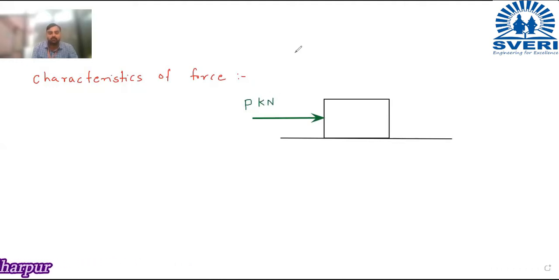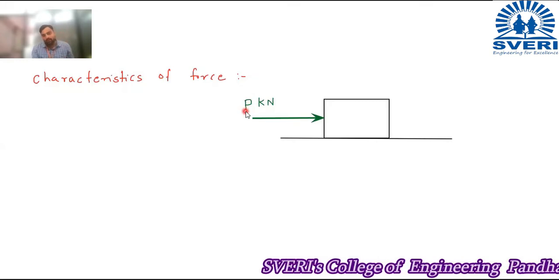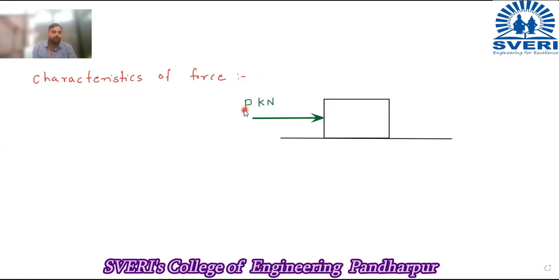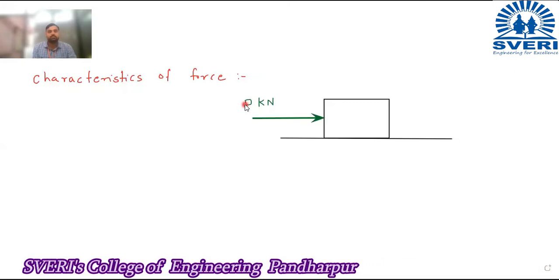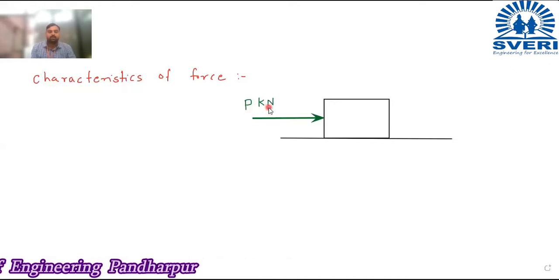Then what are the characteristics of the force? See, this P kilonewton, P means what? It may be 1 kilonewton, 2, 3, 4, 5, whatever may be the number. This P represents the magnitude of the force. After that, the unit of the force is given.